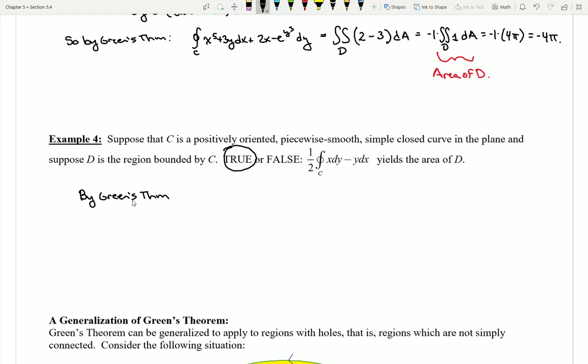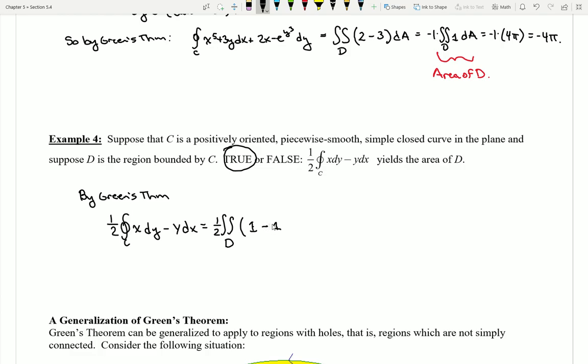But by Green's theorem, I can easily state that this integral that I'm working with here is going to be equal to a double integral over D, still has the 1/2 in front, and when I do my partial with respect to x, it is going to be 1. My partial with respect to y over here is going to be -1.